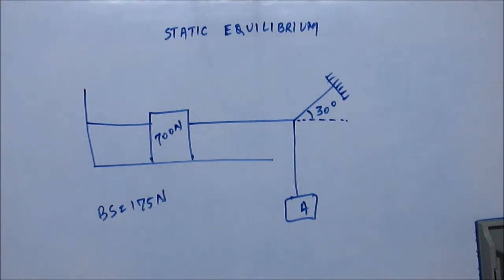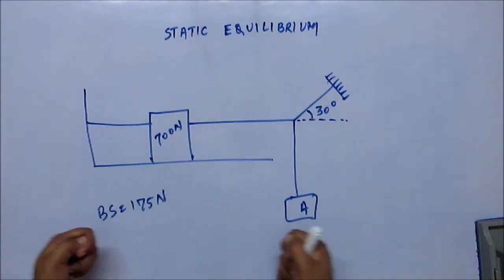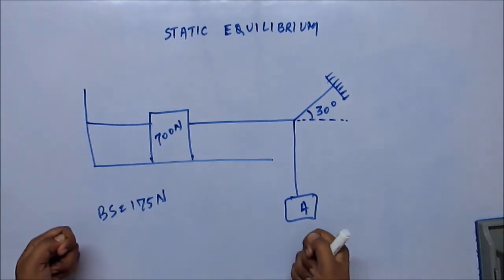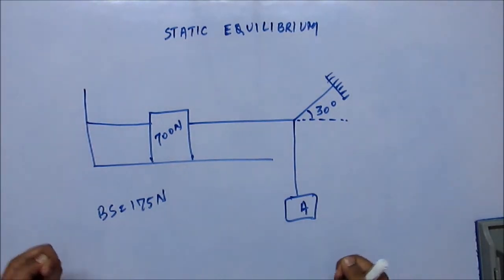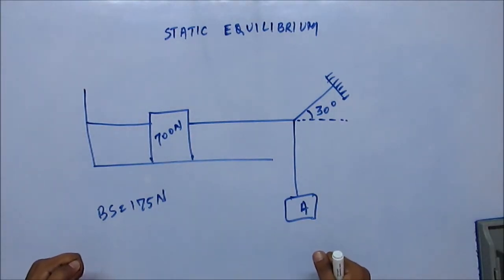Understood? So what are you waiting for? Solve it. If we keep on increasing the tension in a string, suppose we are stretching it from both sides, at a certain point the string will break. So there's a maximum tension-bearing capacity of the string, a breaking strength. If the tension exceeds that limit, the string will break.